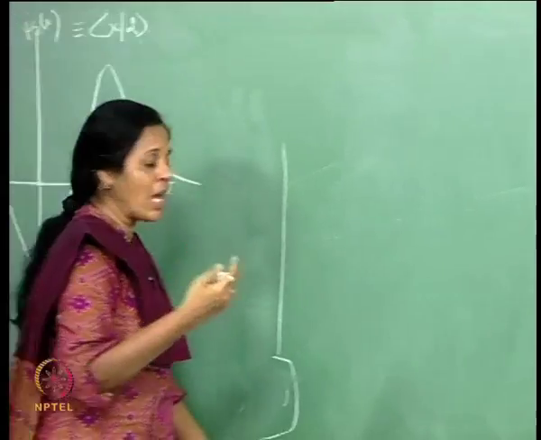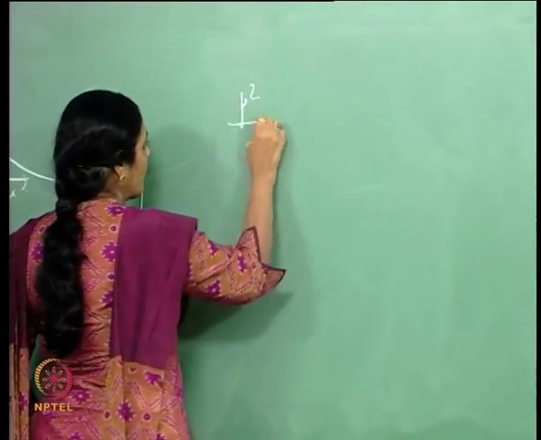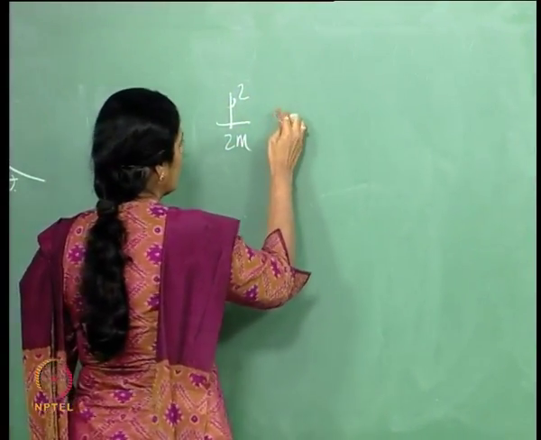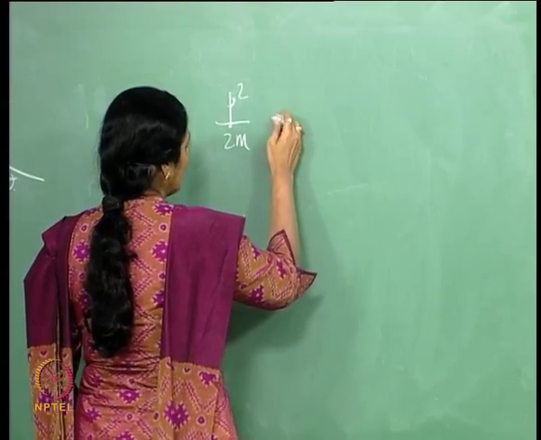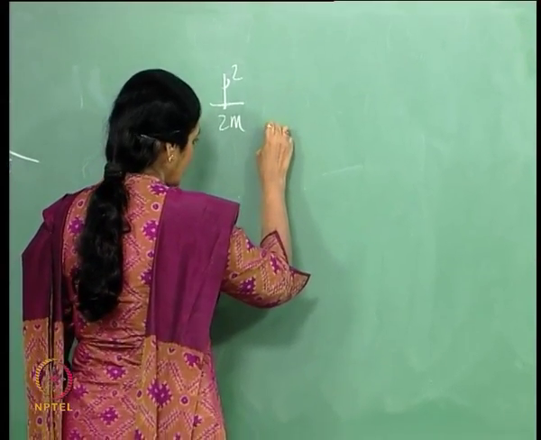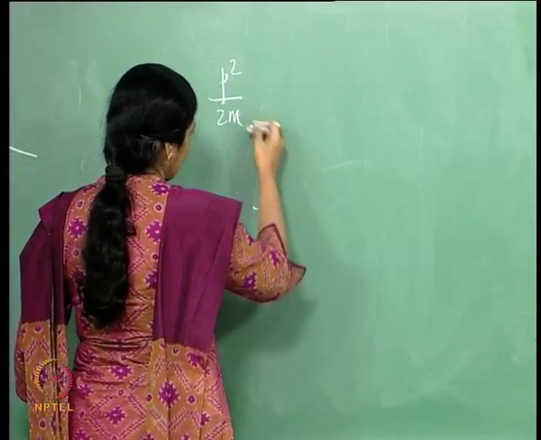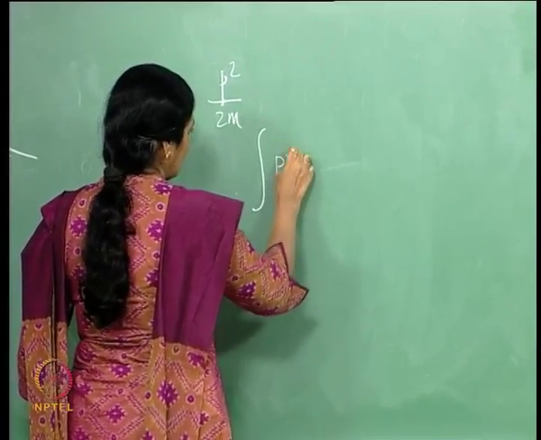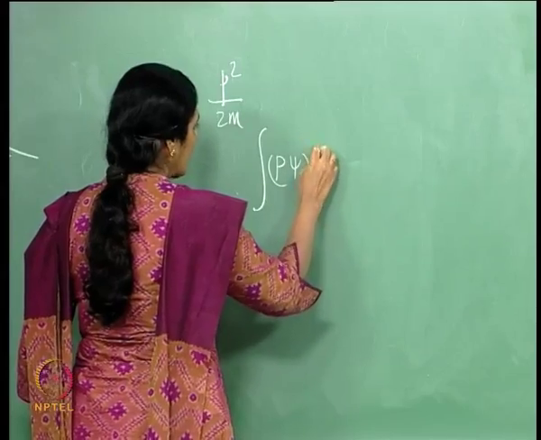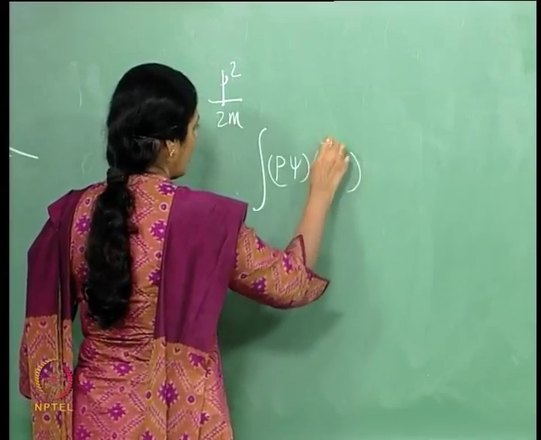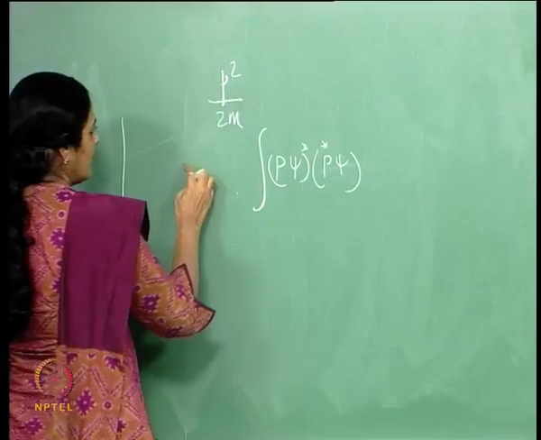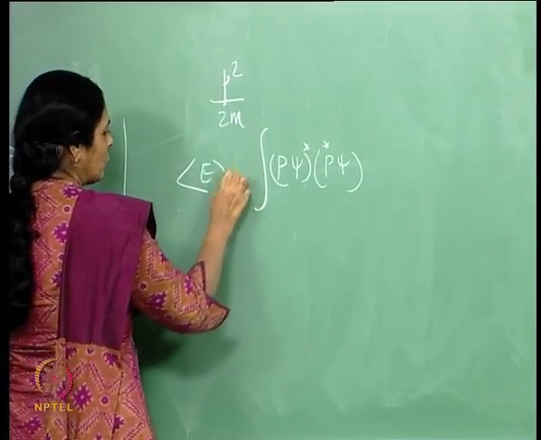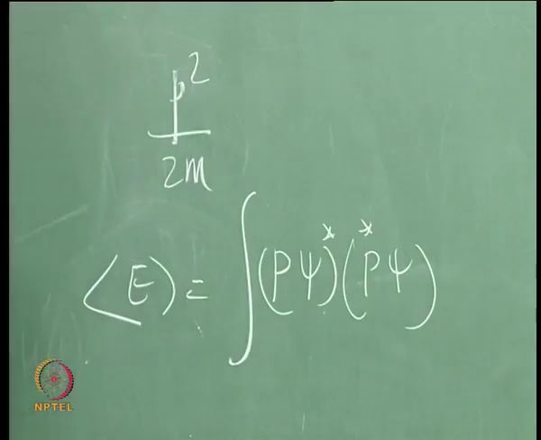The contribution to the Hamiltonian comes from p squared by 2m, and therefore I have p psi star p psi. I am trying to find out the expectation value of energy, the contribution from the kinetic energy.